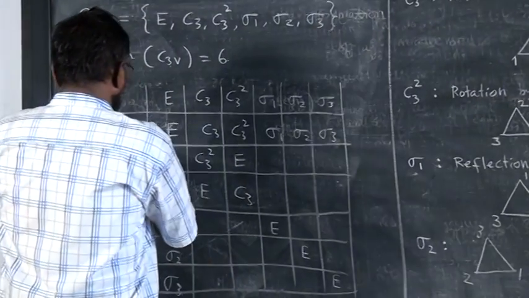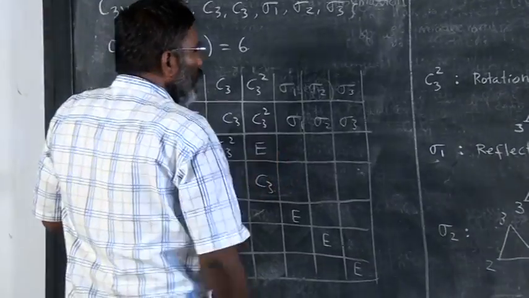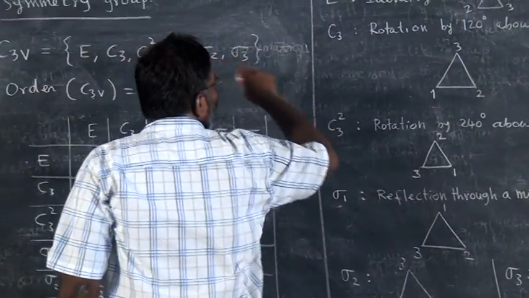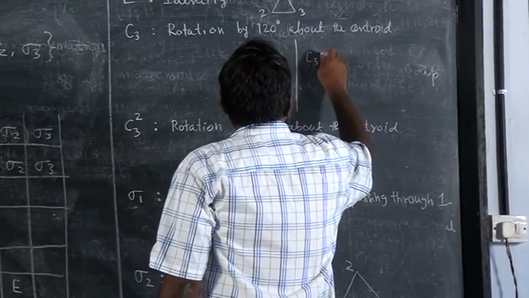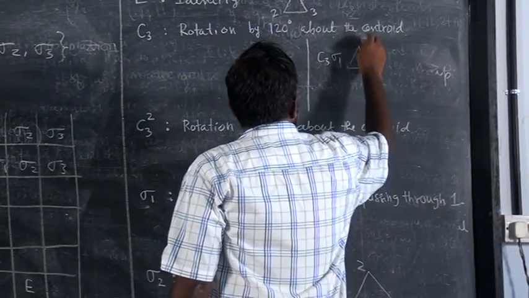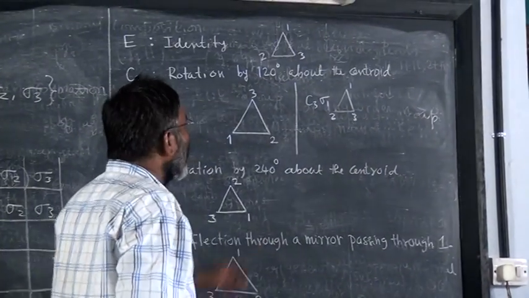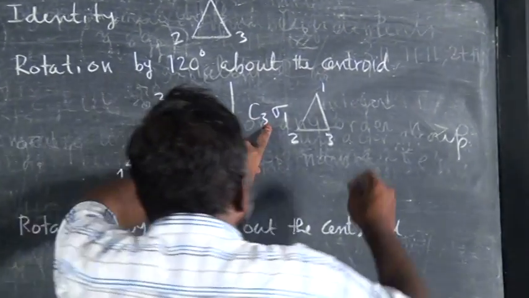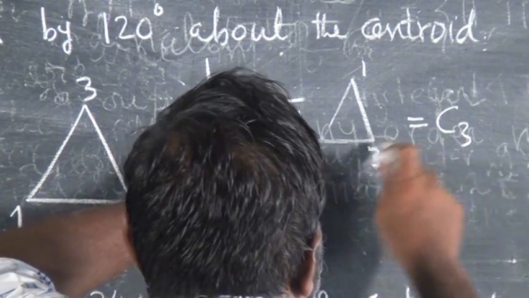For example, I want to know what is C3 sigma 1. Okay, that means I am going to write here C3 sigma 1, this is acting on the actual identity structure. What will sigma 1 do? First, I will operate sigma 1 on this.